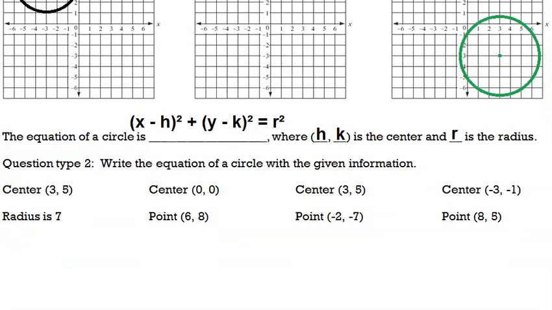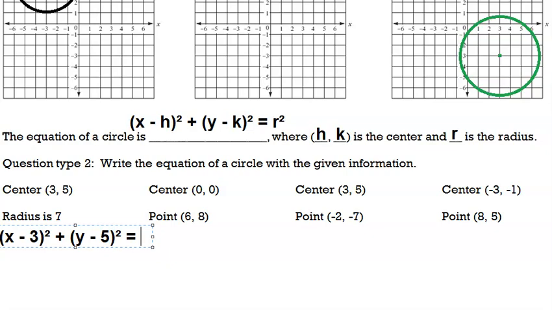It's an opposite game. You need to make sure that if you see a plus 5 next to the x, you're going to put the center of the circle at negative 5 on the x-axis. You always have to play it as an opposite game. So for instance, if you had to write the equation of a circle and you knew that the center was (3, 5), you would use negative 3 next to your x, and you would use negative 5 next to your y.